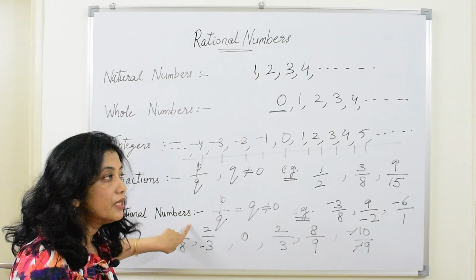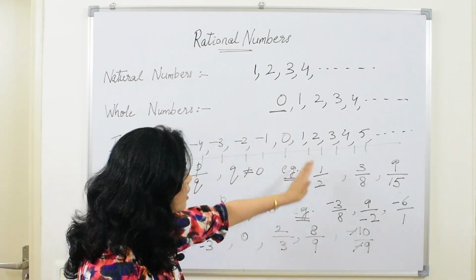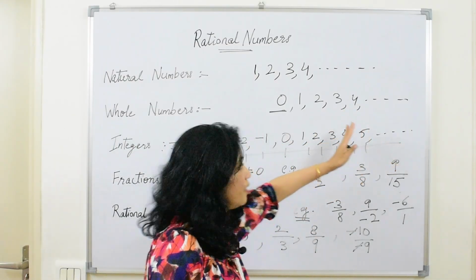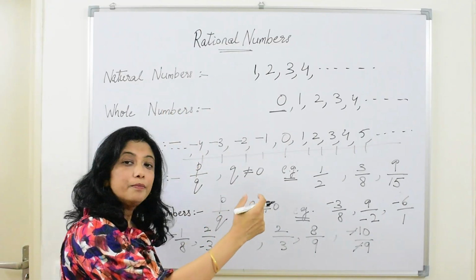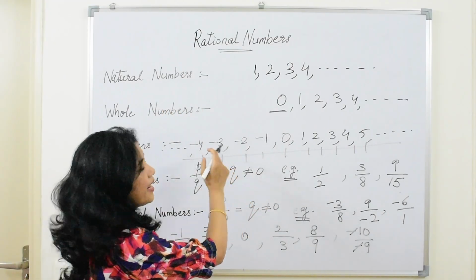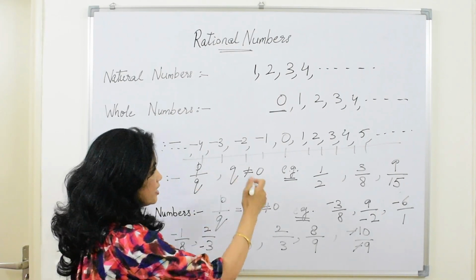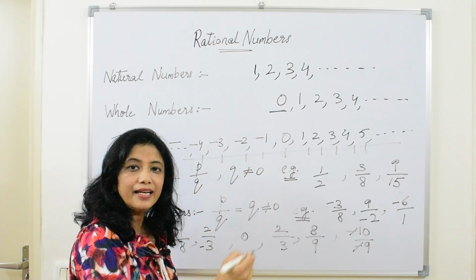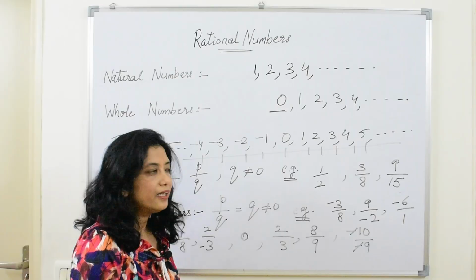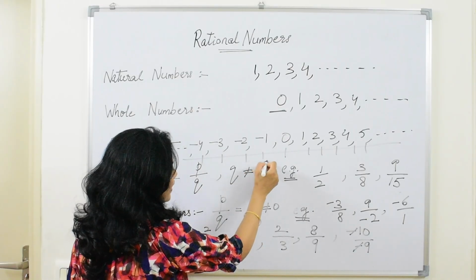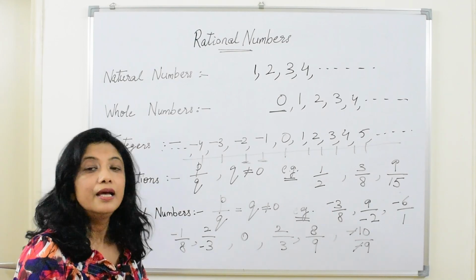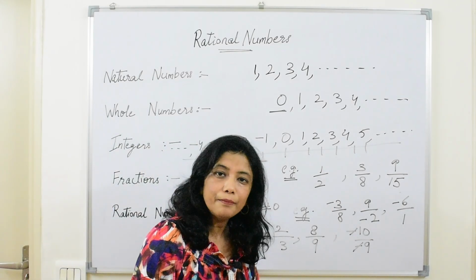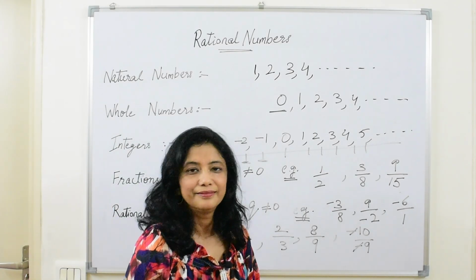Similarly, positive rational numbers will be to the right side of 0, negative numbers will be to the left side of 0, and positive numbers will always be greater than the negative numbers. As we go towards the right in the number line, the number will be greater, like -1 is greater than -2. Similarly, in rational numbers, the number which is to the right side of the number line will be the greater number.